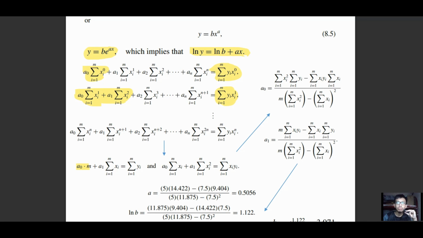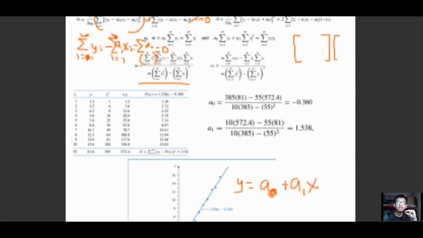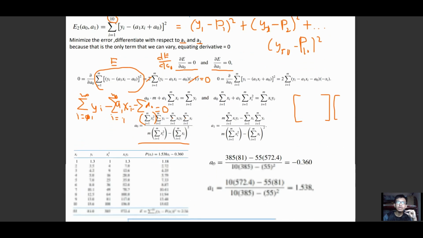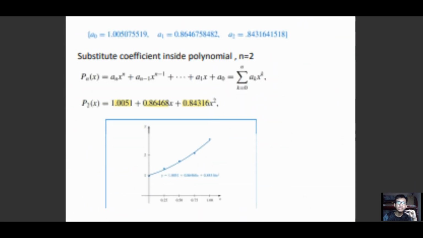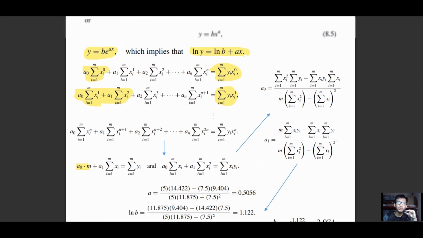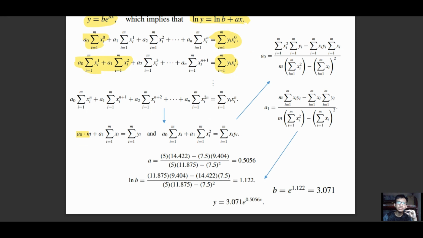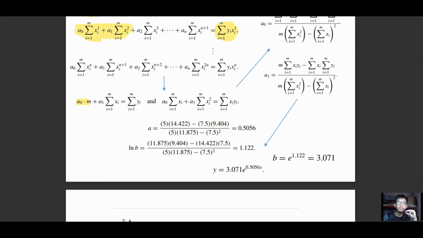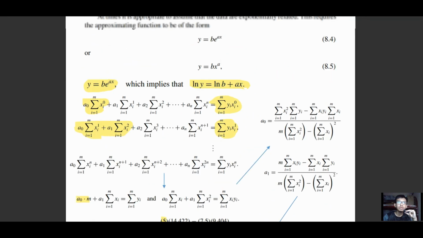Okay, and then this is just like what we have discussed at the very beginning, how to compute the coefficients a0 and a1, and then this is again from the data provided. Yes, the same thing.